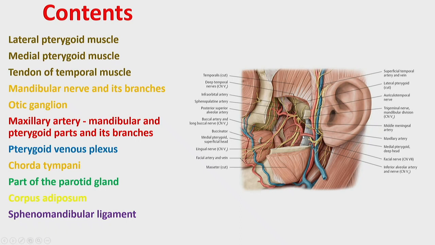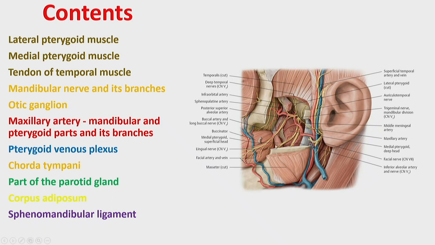And also inside the parotid gland, it gives the maxillary artery, which goes behind the neck of the mandible into the infratemporal fossa, and finally enters the other fossa, which is called the pterygopalatine fossa. So the maxillary artery has a course through the infratemporal fossa, and then ends in the pterygopalatine fossa. That's why the course of the maxillary artery is divided into 3 parts.